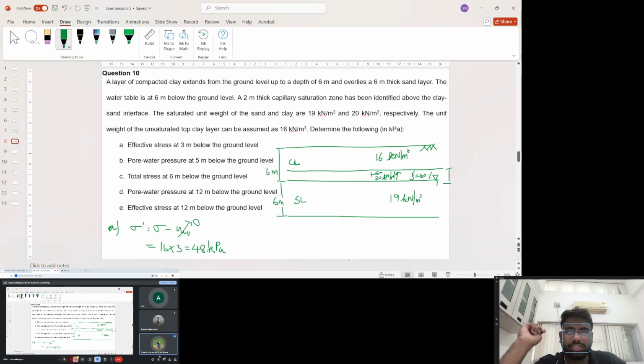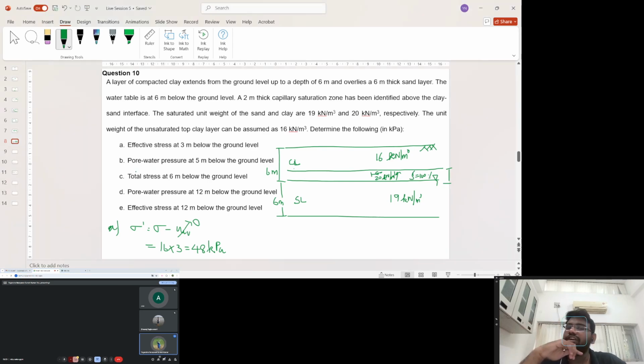Now coming to the next question, pore water pressure at 5 meters below the ground level. Since we have two types of water columns here, one is completely saturated where the water column is in compression, and the capillary zone where the water pressure is in tension.